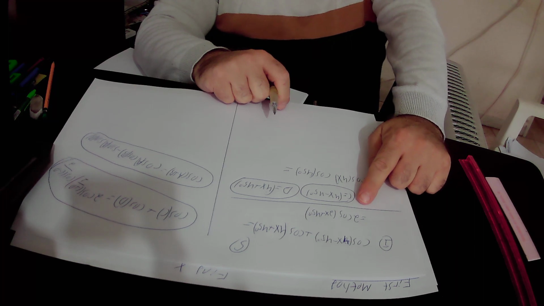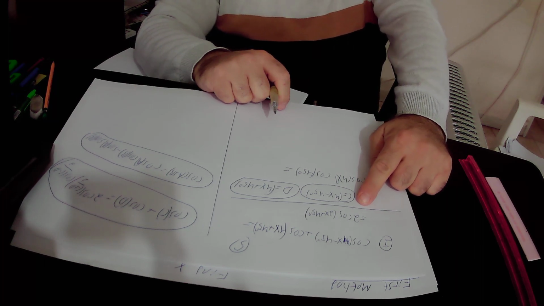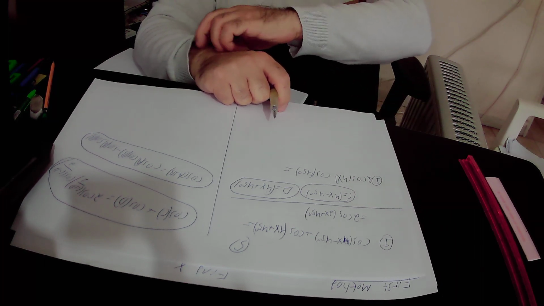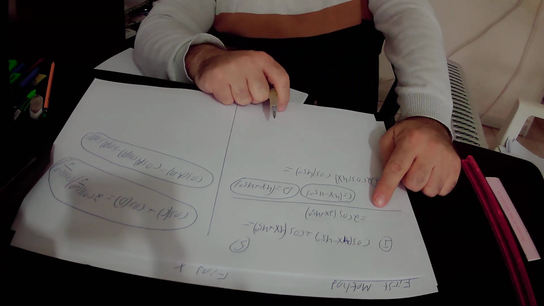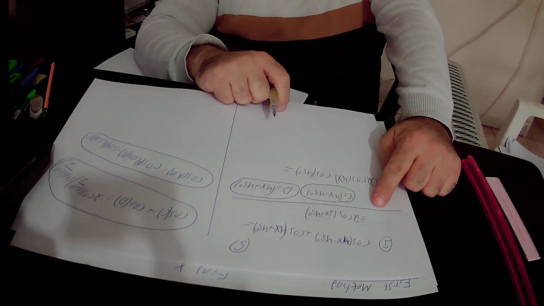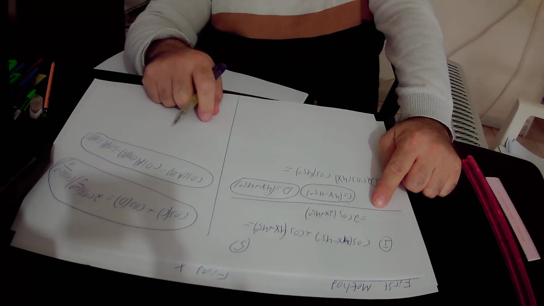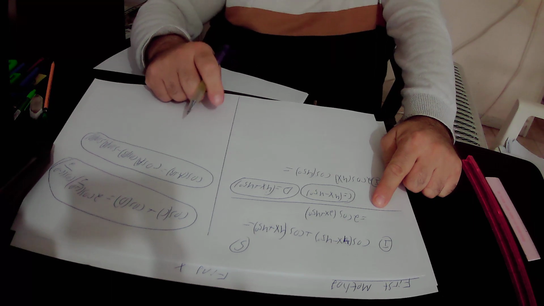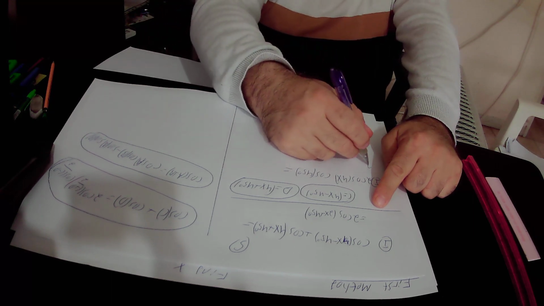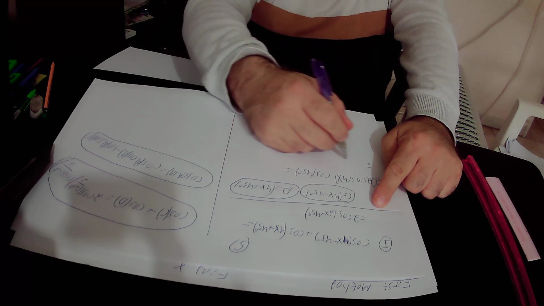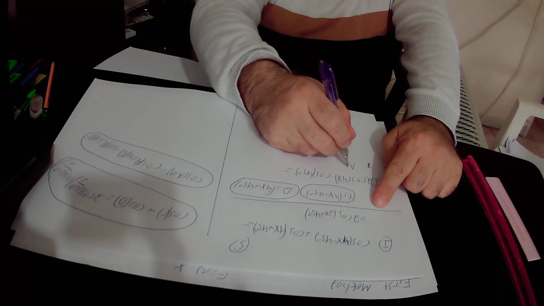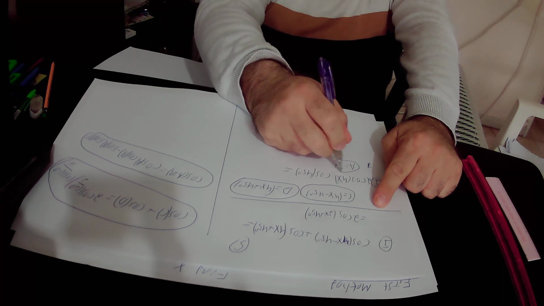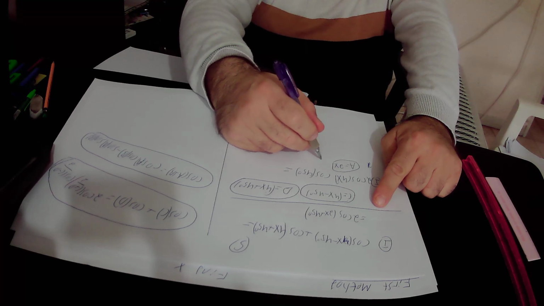Now we will treat this expression 2 cosine 2x plus 45 degrees. Here we use the trigonometric identity that cosine a plus b equals to cosine a cosine b minus sine a sine b. So here a equals to 2x and b equals to 45 degrees.